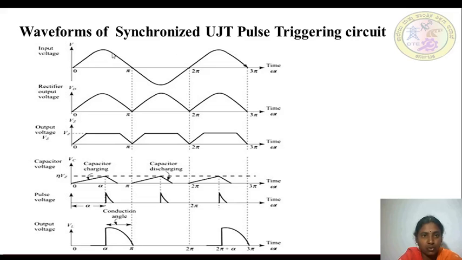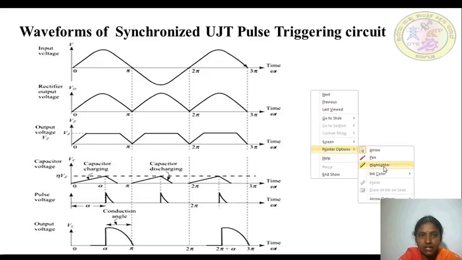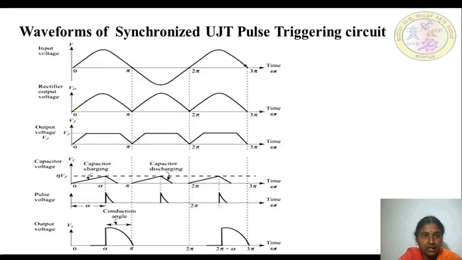This is the input voltage, which is sinusoidal in nature, and this is the rectified output voltage which converts the AC supply voltage into pulsating DC, varying from 0 to pi like the supply voltage.